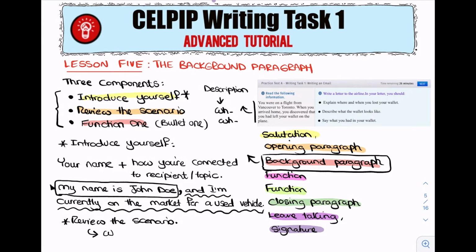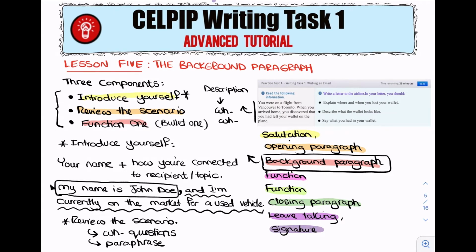And it's also important to paraphrase. So don't repeat what's in the question exactly. Try to put it into your own words. So for example, instead of saying when you arrived home, you discovered that you had left your wallet on the plane, you could say, upon arriving home in Toronto Pearson Airport and on my taxi ride back home, I realized that.